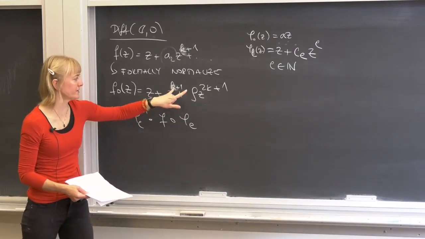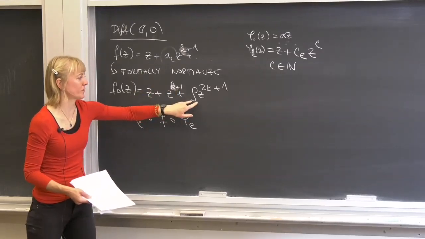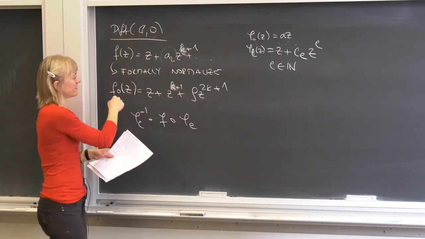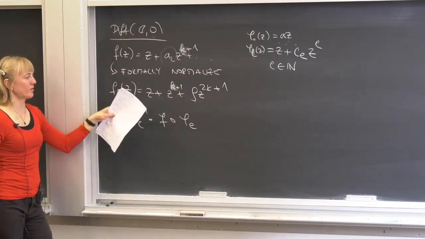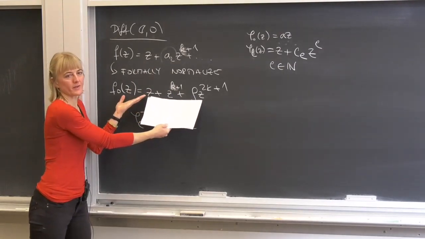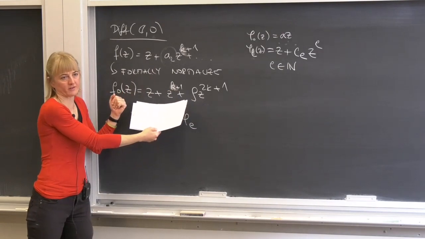It depends on two things, k and rho. This is a multiplicity, and this is what we call a residual invariant. And also, there is another way of presenting the normal form, not formally the shortest form, but we want it to be a time-1 map of a vector field.